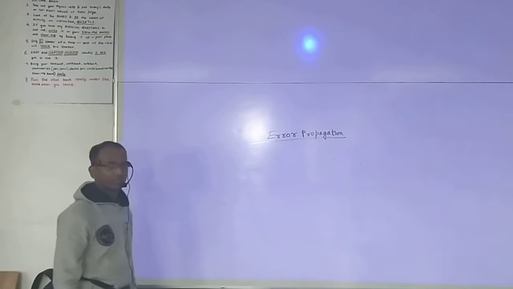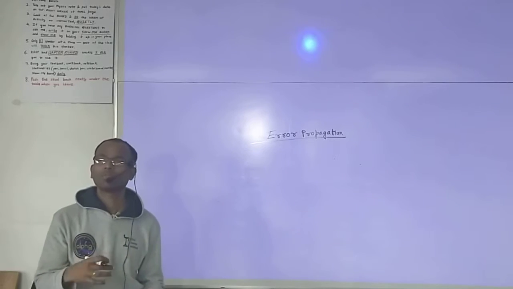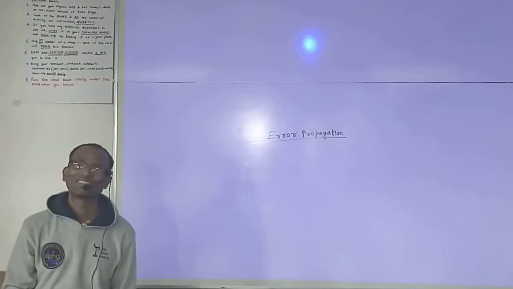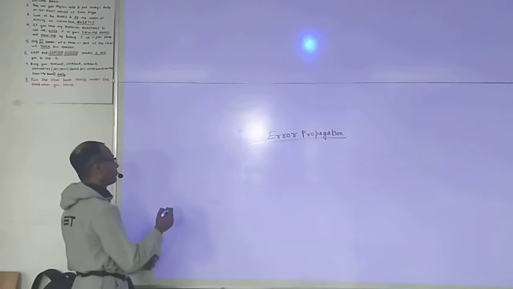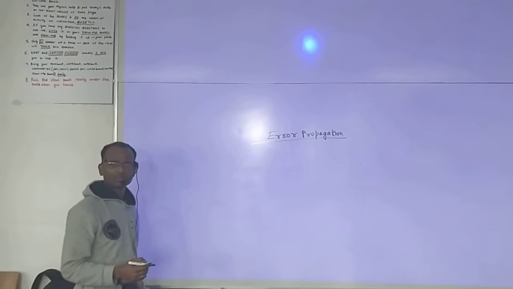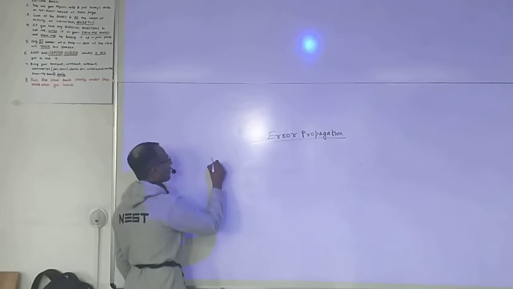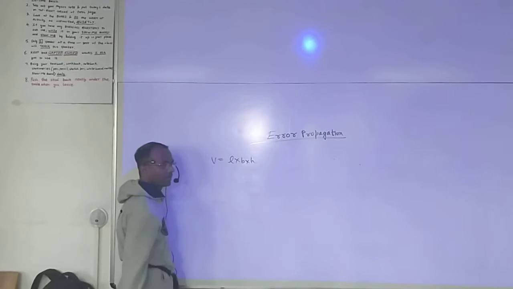So error propagation is basically when you make 2-3 measurements and use them to calculate some new quantity. For example, yesterday did you calculate volume using length, breadth, height? Let us say volume is length into breadth into height. This is one set of quantity.